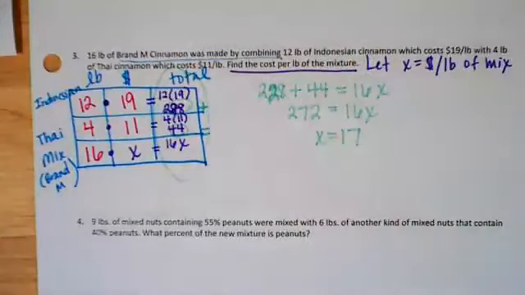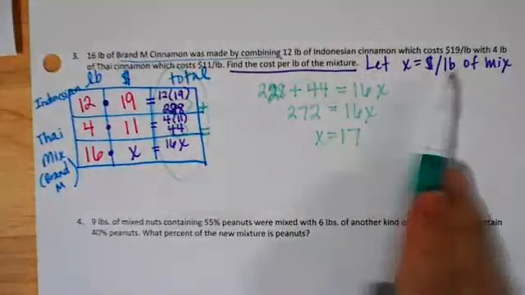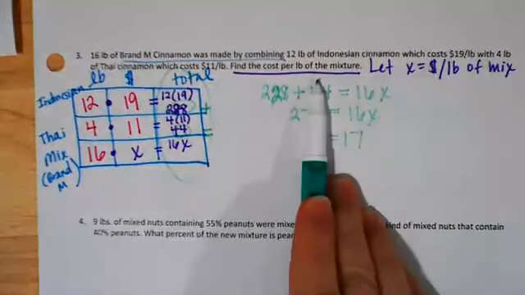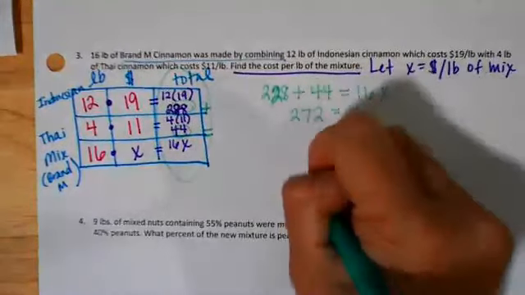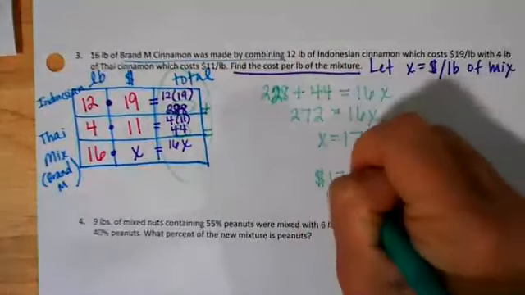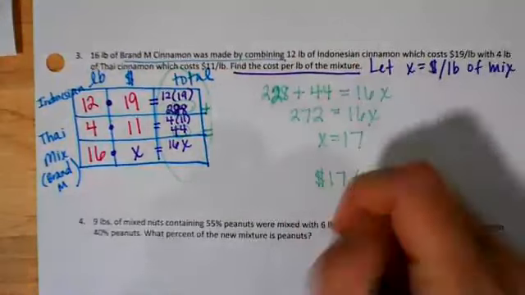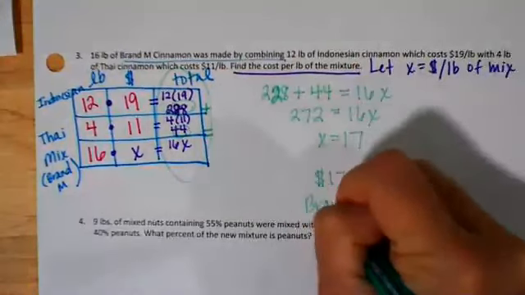So again, just like we did in number 1, make sure you're answering the question. X represents the cost per pound of my mixture, which is what I was asking you to find. So therefore, we know that the mixture is going to cost $17 per pound of that brand M mixture.